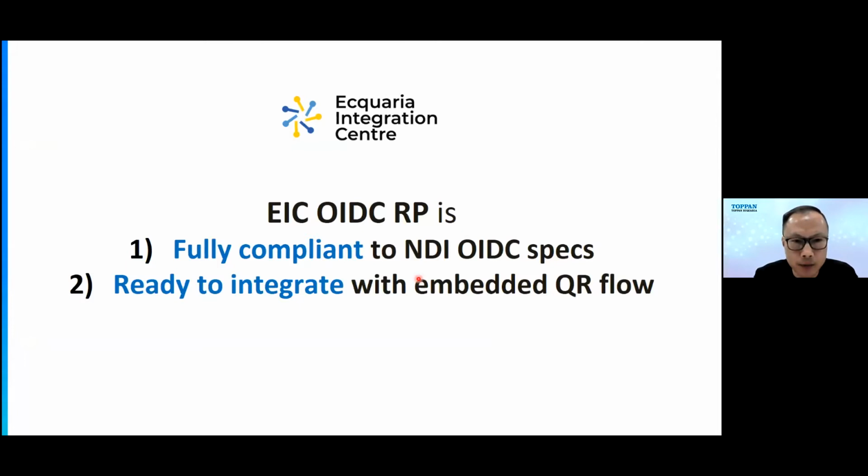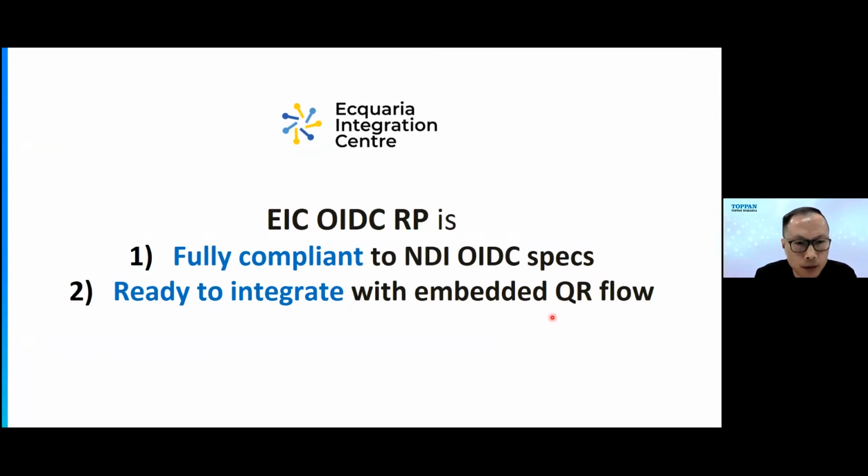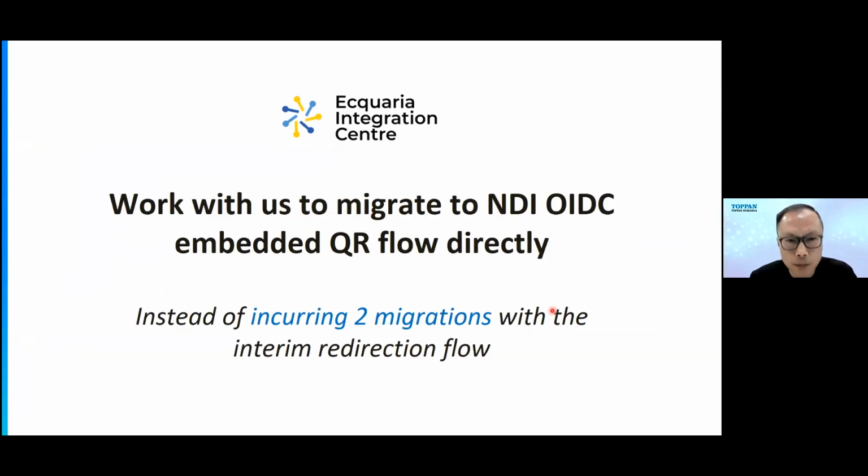And most importantly, it is ready to integrate with something called the embedded QR flow, which is what GovTech has been strongly encouraging agencies to move to, instead of the so-called redirection flow. So in summary, you can work with us to migrate to embedded QR flow directly, instead of having to incur 2 migrations with the interim redirection flow.